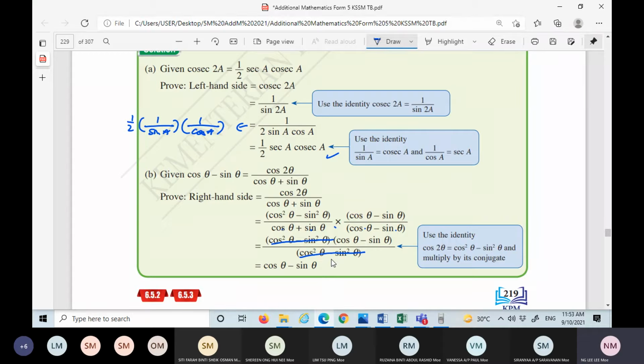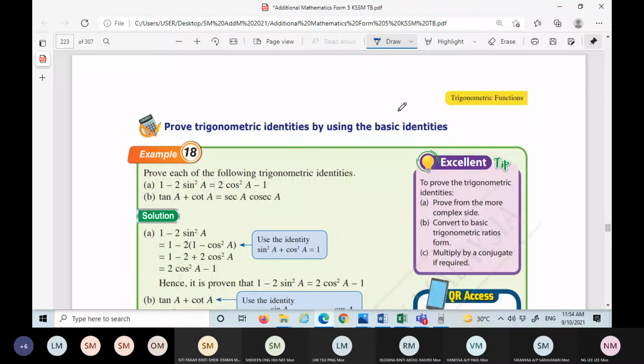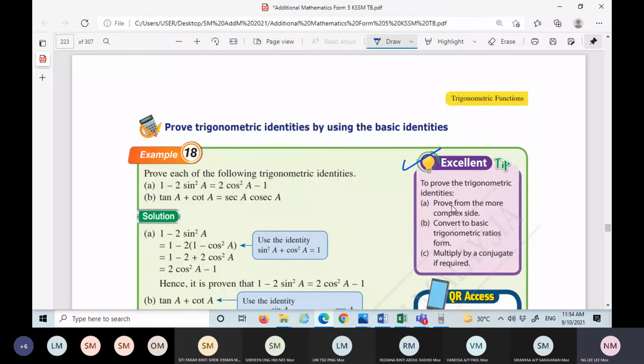Let me see. Multiply by a conjugate. Convert to basic trigo ratio. If you remember that day when we said for proofs we have 3 tips. One of the tips, you look at page 213. Remember these 3 tips for proof.